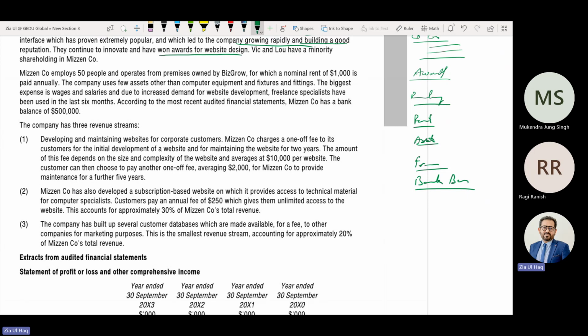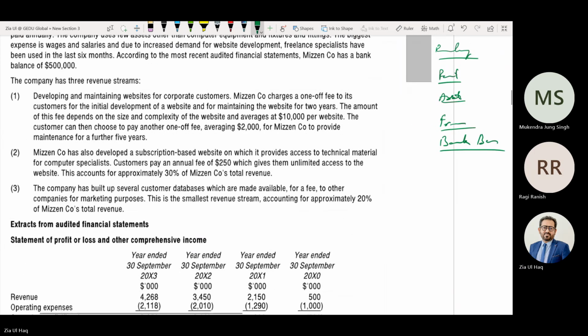The company has 3 revenue streams: developing and maintaining a website for corporate customers. What they do? They develop and maintain websites for corporate customers. Mizzen company charge a one-off fee to its customer for the initial development of a website and for maintaining the website for 2 years.